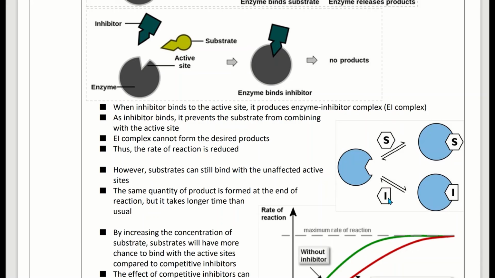Enzyme ni kalau dia bind dengan inhibitor, dia boleh balik release, reversible. Okay, maksudnya reversible. So bila dia dah reversible ke sini, dia masih lagi boleh bind dengan substrate. So nanti substrate release, you dapat produk, enzyme punya properties dia tidak berubah selepas reaction.